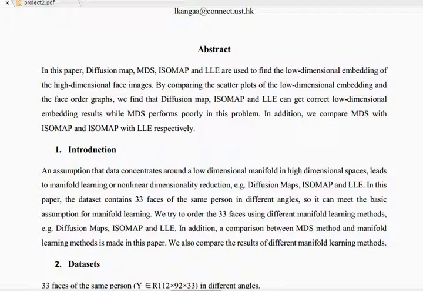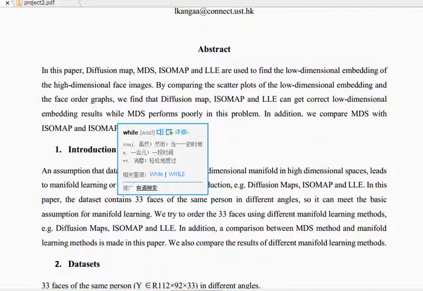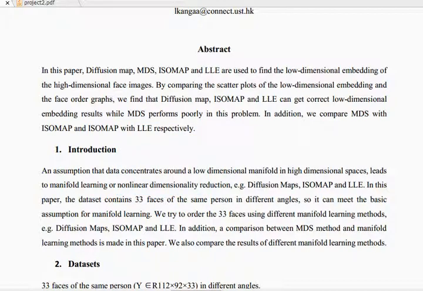By comparing the scatter plots of the low-dimensional embedding and the face order graphs, we found the diffusion map, ISO map, and LLE can get correct low-dimensional embedding results, while MDS performs poorly in this problem.